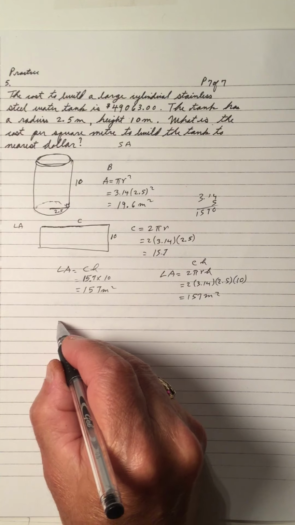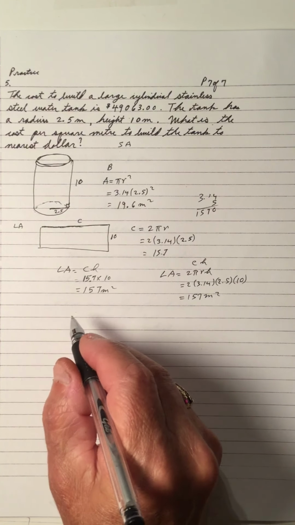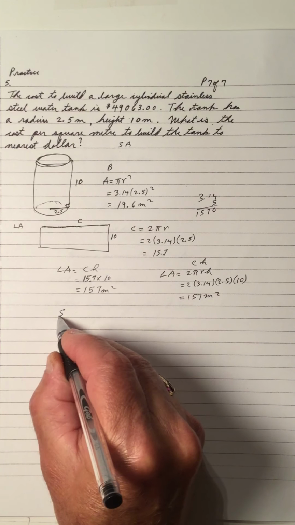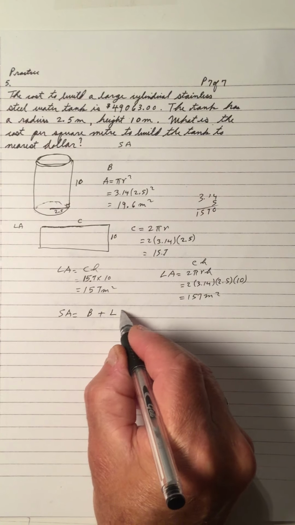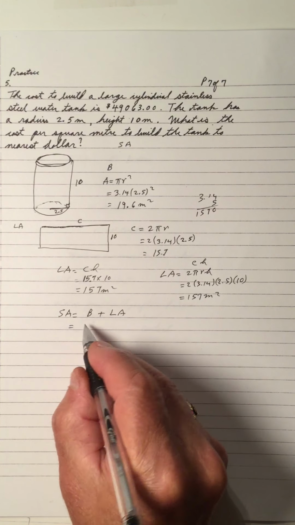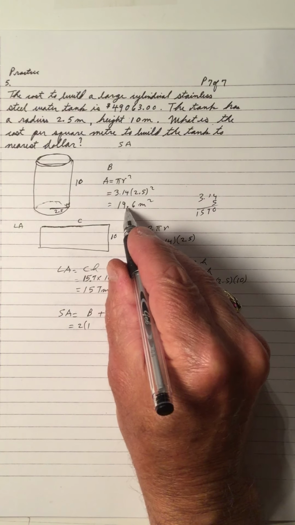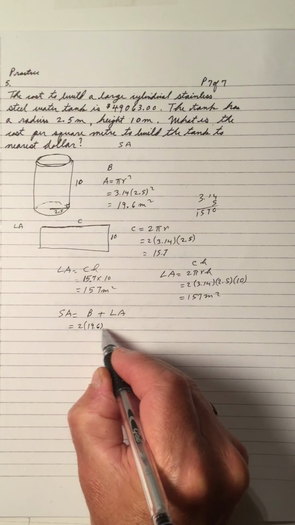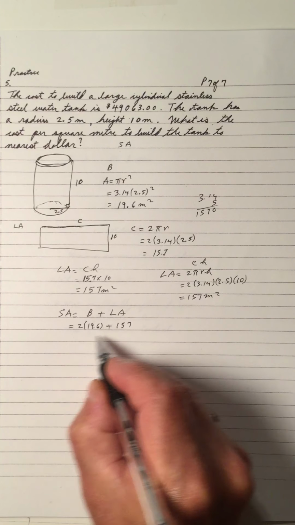So we're building the cylindrical tank, and the surface area has base area and the lateral area, but the base is 2 circles. So it's 2 times, one circle is 19.6, and the lateral area is 157.